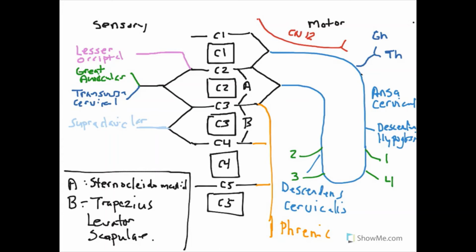Now, the descendens hypoglossi, remember, had these different nerves. Number one, the nerve to the superior belly of the omohyoid, and number two, the nerve to the inferior belly of the omohyoid. Remember, these are muscles found in the neck called strap muscles.